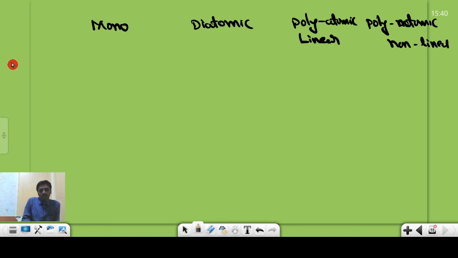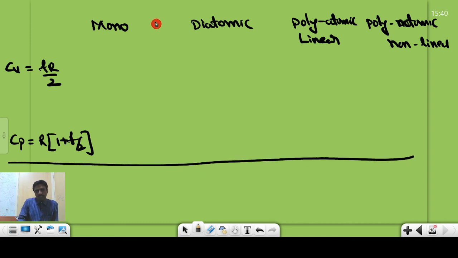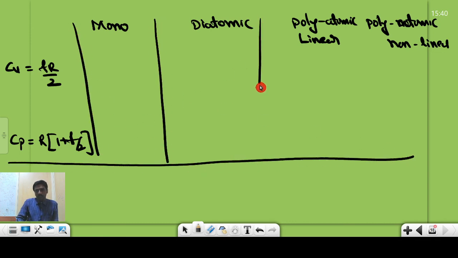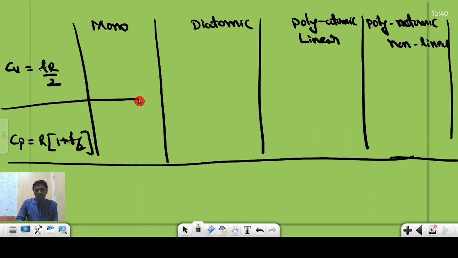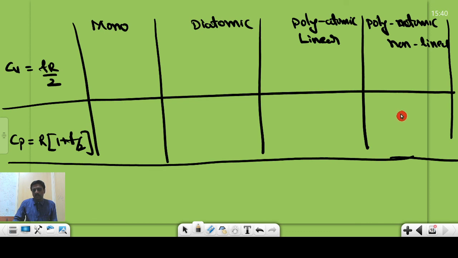Then Cv and Cp. What is the formula for Cv? FR by 2. This is the formula we are having. And the Cp value is R into 1 plus F divided by 2. Then frame a table so you can easily understand the values of Cp and Cv. Just now we evaluated these values: 4R, 7R by 2, 7R by 2, and 5R by 2.